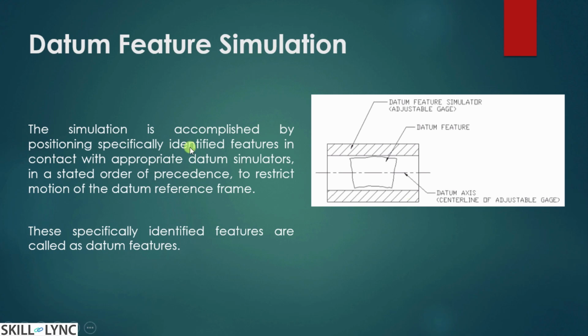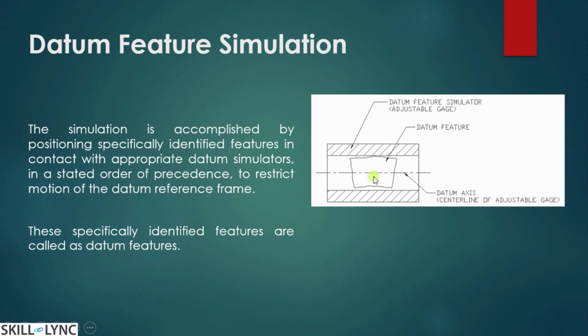Let us look at an example. If you could see, this is your object, and for that object you define the datum feature, that is, the surface of this object. In order to measure the surface of this object, that is the datum feature, you construct an imaginary datum externally that is going to be your datum feature simulator, wherein you measure how the object is going to be here.